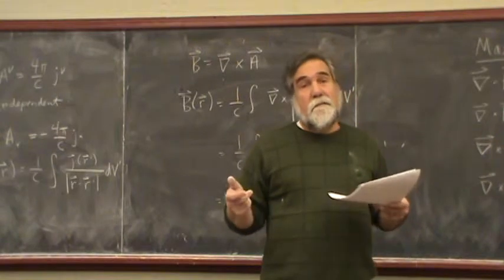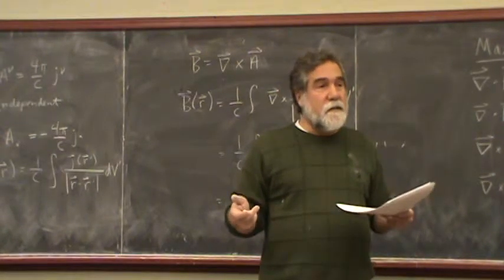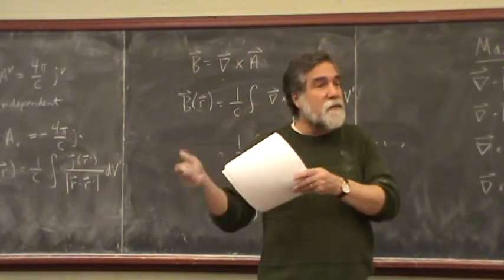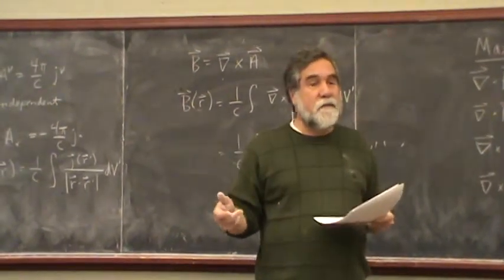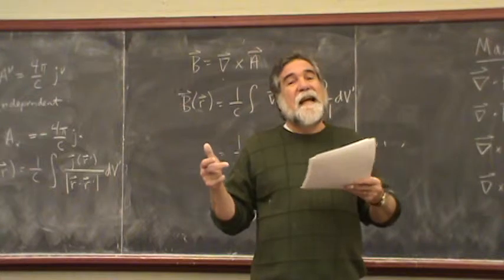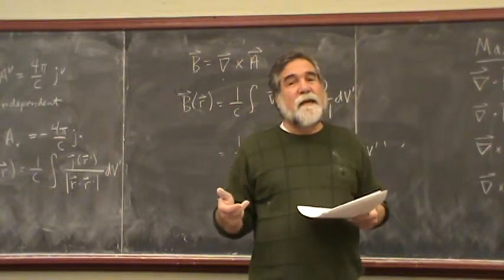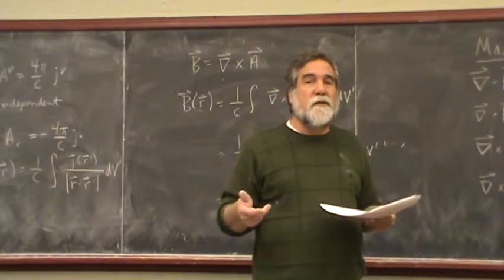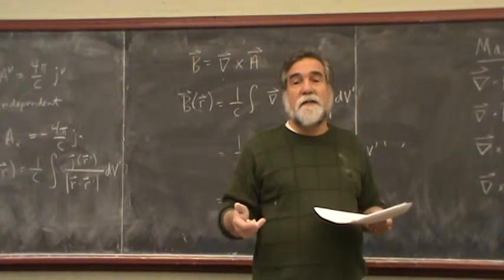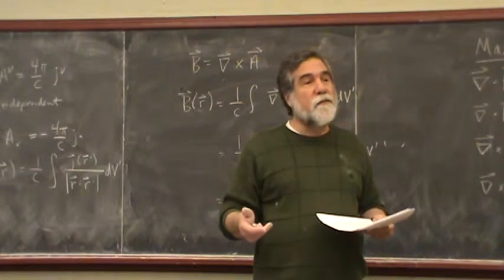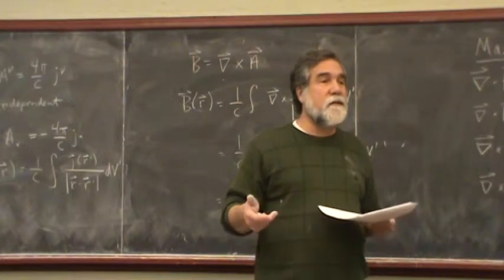Sometimes the integral is not so easy, but everything else just sort of follows. It's just arithmetic from there. And Ampere's law is a simplification which allows for the calculation of the magnetic field under very symmetric conditions.